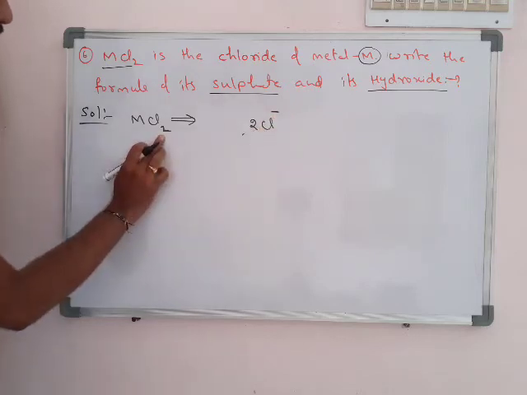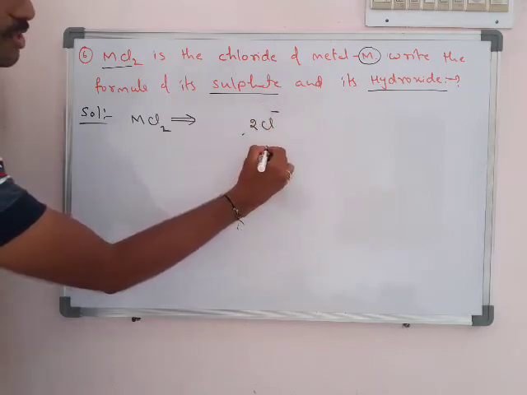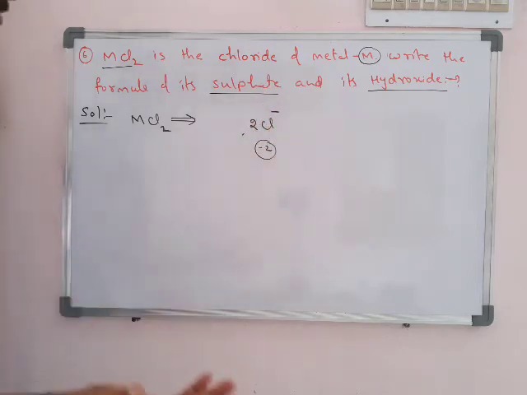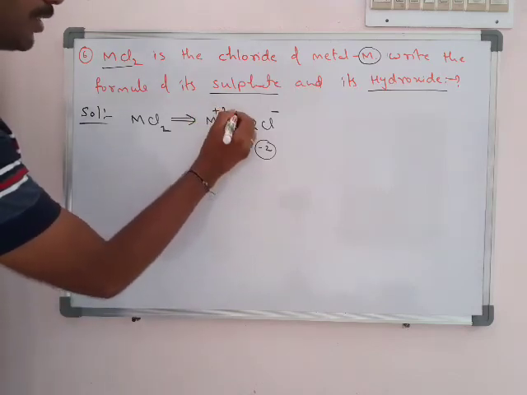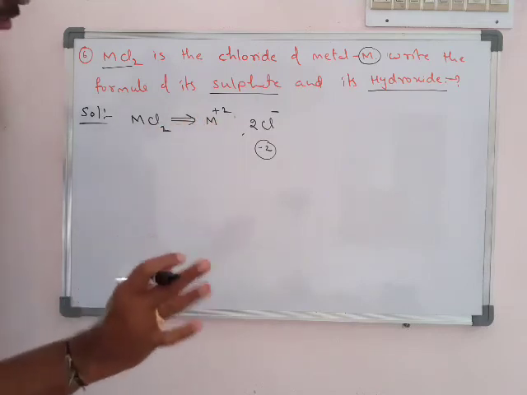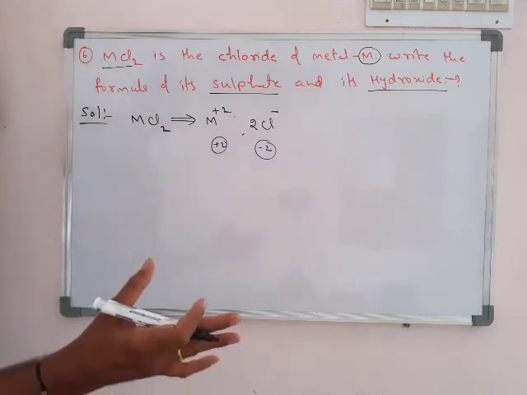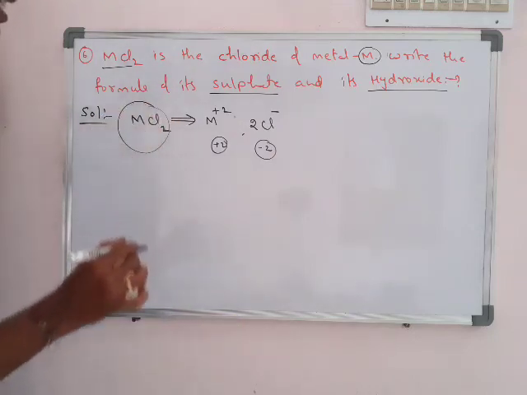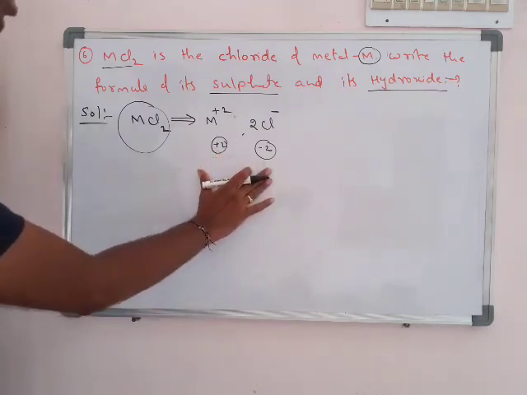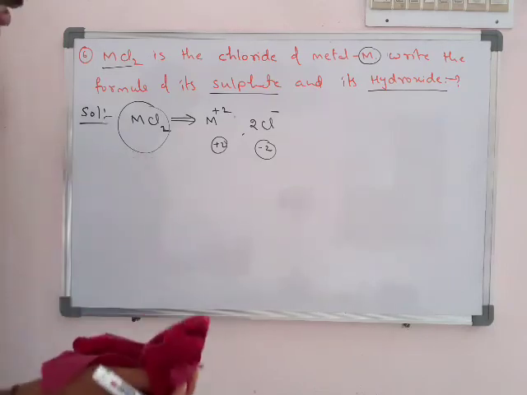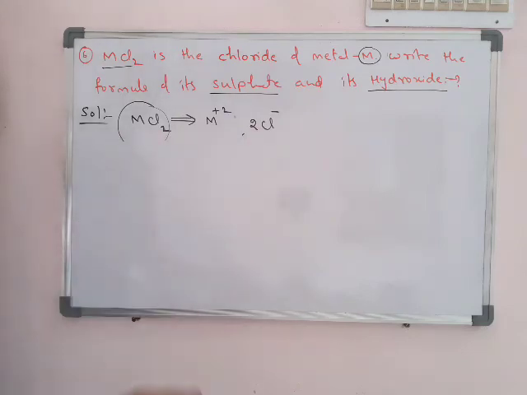How many chlorines are there? 2 chlorines, so the negative charge is minus 2. So obviously we need to write M plus 2. Don't doubt how we write M plus 2. We write M plus 2 because minus 2 is already given, and the total compound must be balanced, so the positive and negative charges should be equal. Therefore its positive charge becomes plus 2.